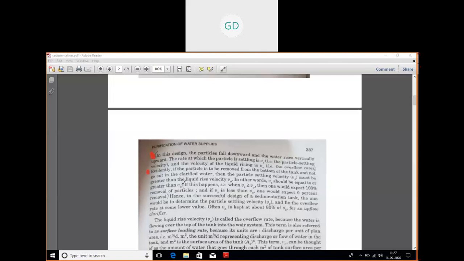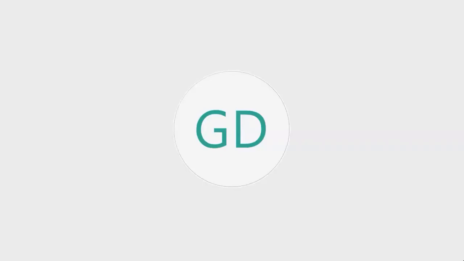In other words, Vs should be equal to or greater than V naught. When Vs is greater than V naught, one would expect 100% removal of particles. If the settling velocity is less than the overflow rate, one would expect 0% removal.